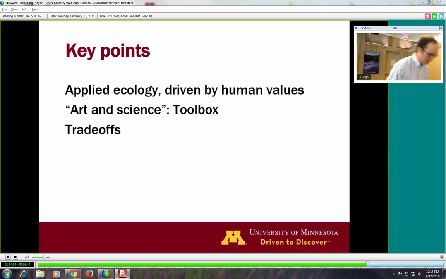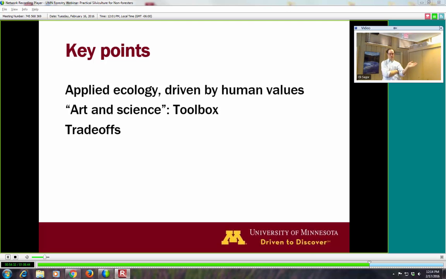So I started by defining silviculture in a couple of different ways. The art and science of manipulating vegetation to achieve a variety of values and desired conditions. I also defined it as applied ecology that's really driven by human values. So we very often have differing opinions or different views about what would be the best thing to do for this stand.